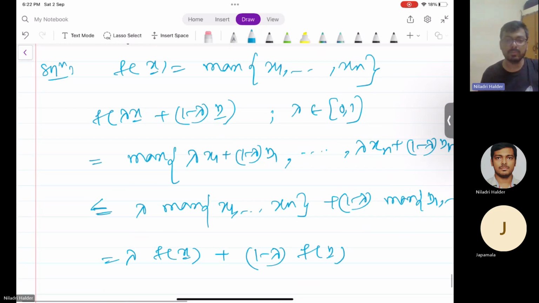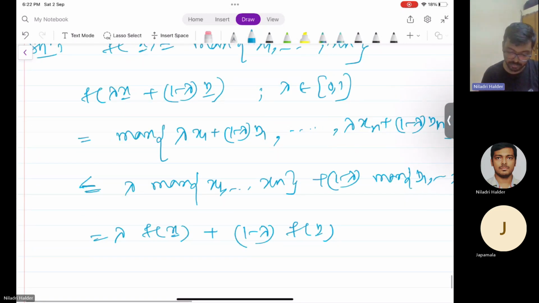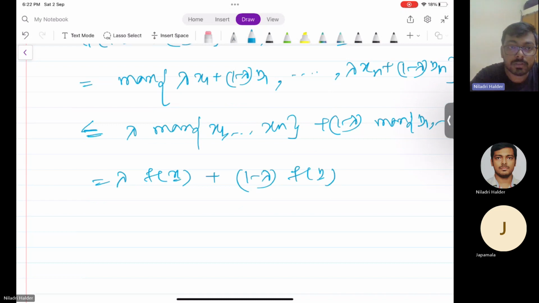Yeah, so this is the proof why this maximum is also a convex function. That's all for today.